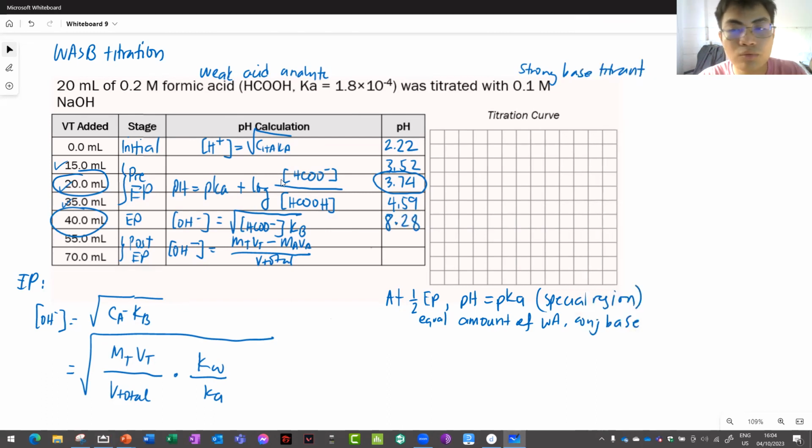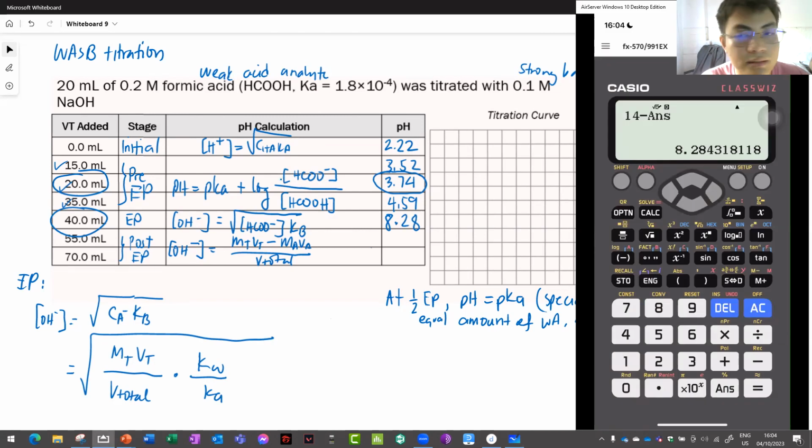And that proves our idea kanina, no? Kasi anong sabi ko kanina, at the equivalence point when you neutralize your weak acid, your pH is greater than 7. Why? Because of the influence of your conjugate base. Okay? It's because of the influence of this conjugate base na to.